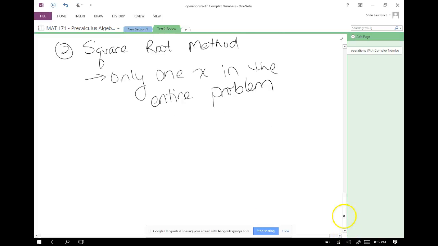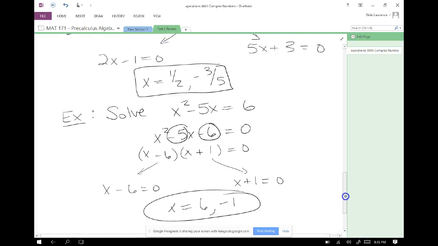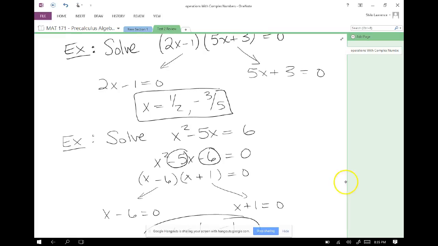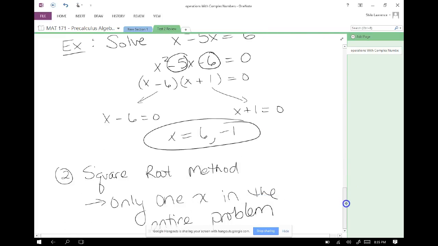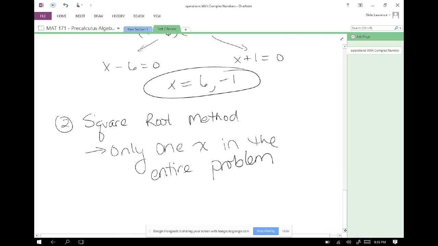So again, this method can't always be used. We can't always use the factoring method. We can't always use the square root method.